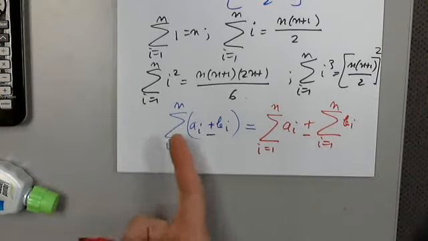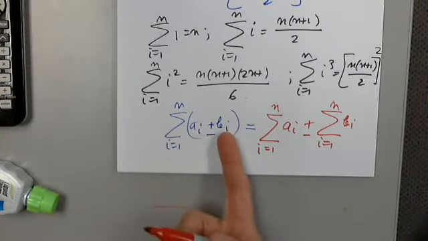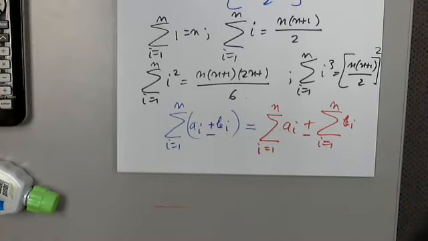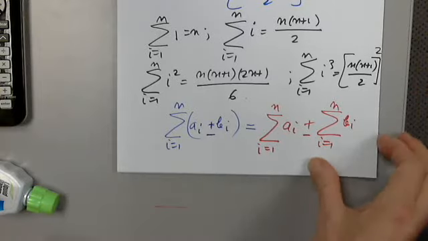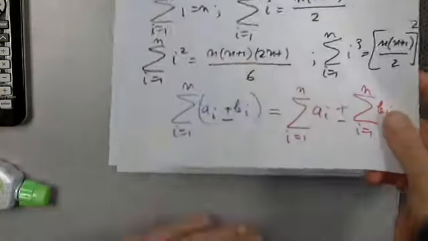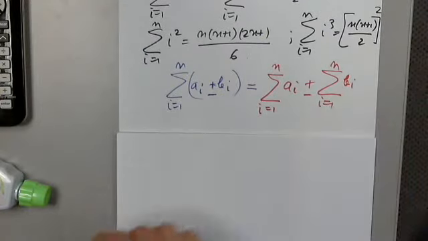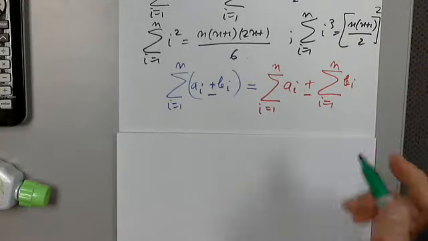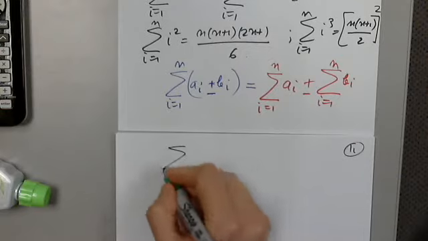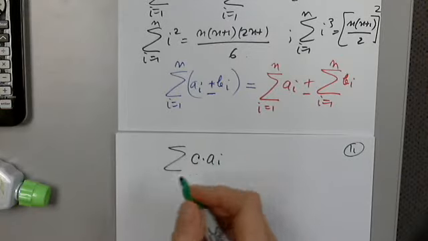This is not a limit, I'm just going back to the similar concept we used for limits. And there is one more, which is a very familiar concept from limits as well. So the sum of a constant times a_i.